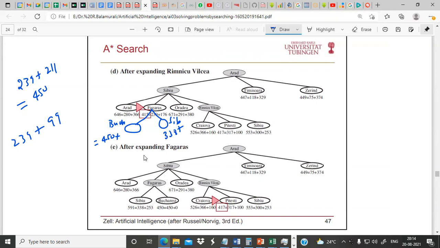Now Bucharest is actually the goal state, so the cost from Bucharest to Bucharest is 0. So it is 450 plus 0. And for Sibiu to Bucharest, we have to refer to the table.